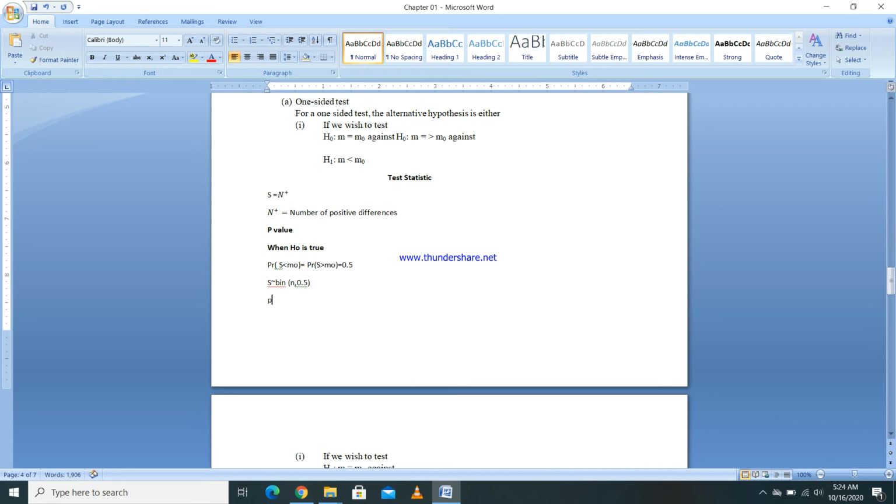When it comes to the p-value of this one-sided test, that is equal to the probability that your test statistic is less than or equal to S naught, where S naught is the observed value of your test statistic.